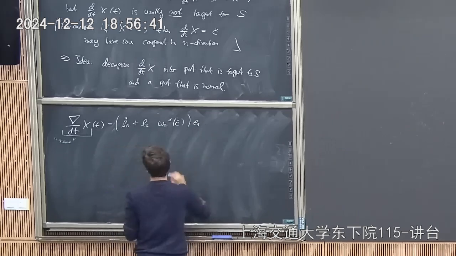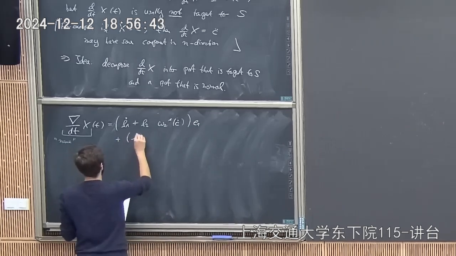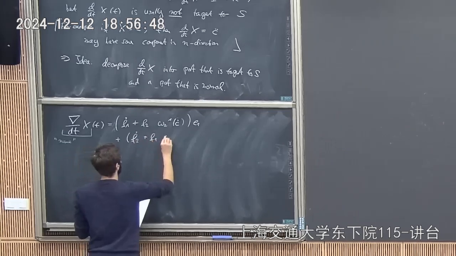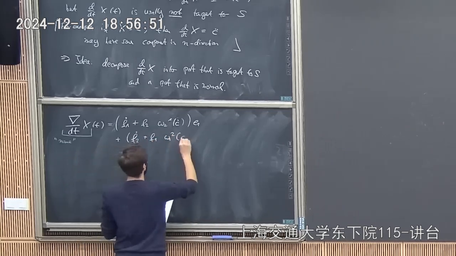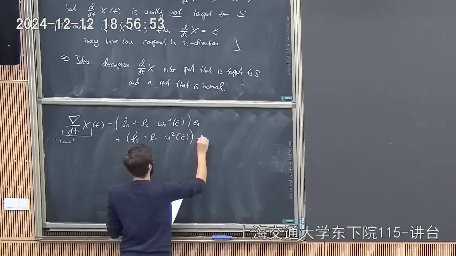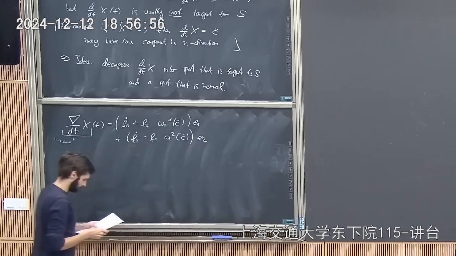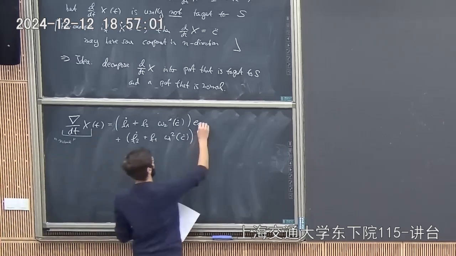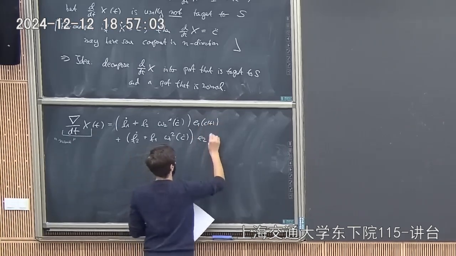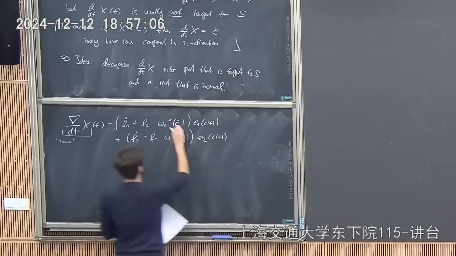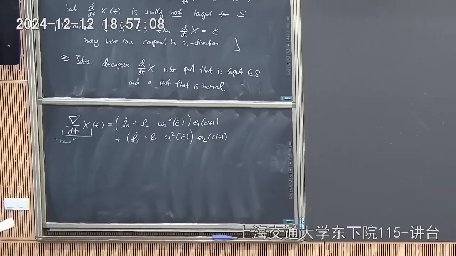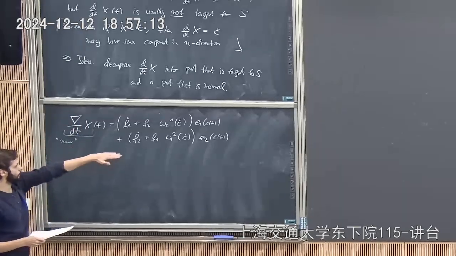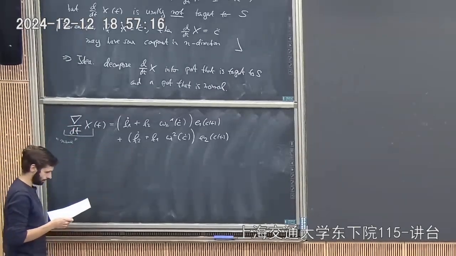E1 plus... So you should read that as, again, evaluated for every t in here as well. So really, this is the name of the vector field, and that's the definition.